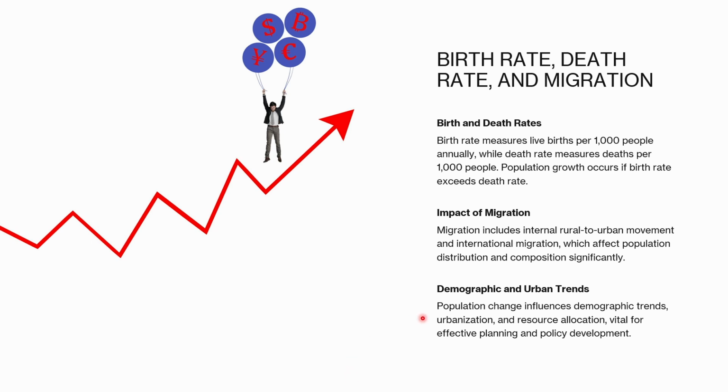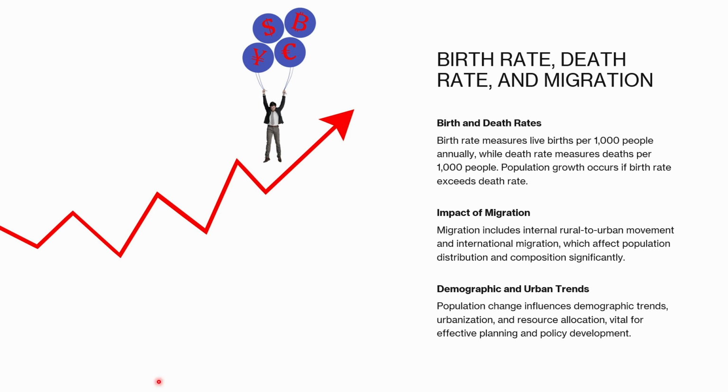Now next one is the natural growth rate. What is natural growth rate? Births and deaths are the natural causes of population change. The difference between them, that is the birth rate and the death rate of a country, is called the natural growth rate of that country.